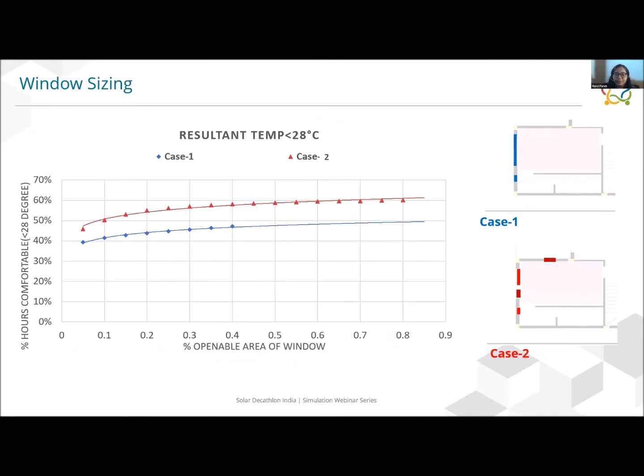So the next step for us was to understand, for naturally ventilated corridors or naturally ventilated spaces, what should be the percentage of opening? Generally, the way we think is that when you start providing windows, you would believe there is going to be inverse flow of air, but that's not always the case. Windows have to be designed.